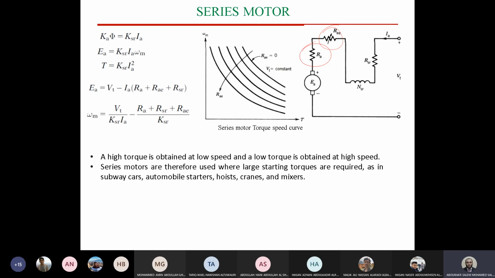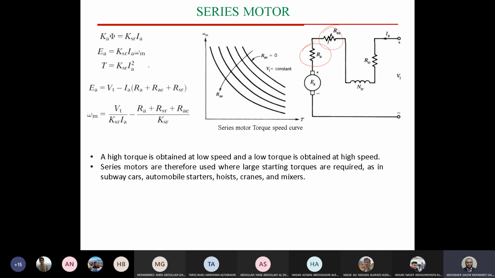It's not like in separately excited or shunt motors, because in those motors we can consider that IF or flux is constant all the time. However, in series motors it's not the case, because the current here is a function of load. So the field current and flux will be a function of load as well.